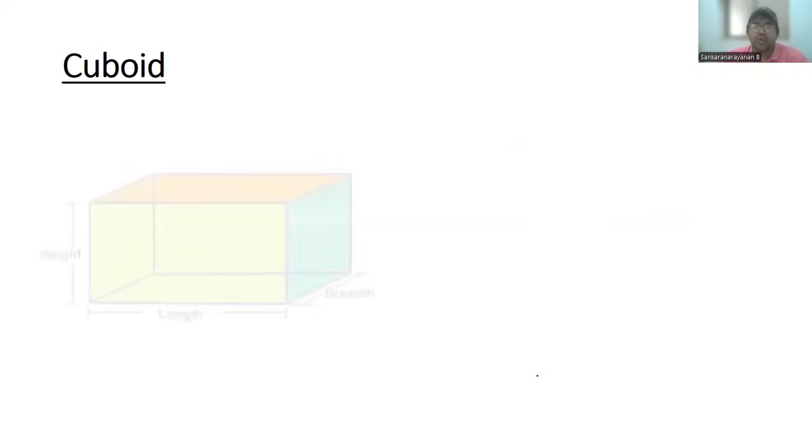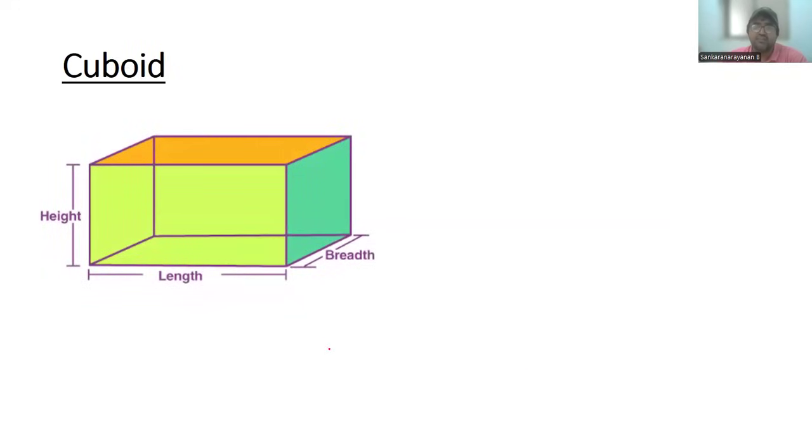Now let's talk about cuboid. I'm considering another cuboid here. Let the length be L units, let the breadth be B units, and let the height be H units. Now the lateral surface area, you know, is base perimeter into height. That is 2 into L plus B, base perimeter into height. So it is nothing but 2H multiplied with L plus B. This gives you the lateral surface area associated with this cuboid.